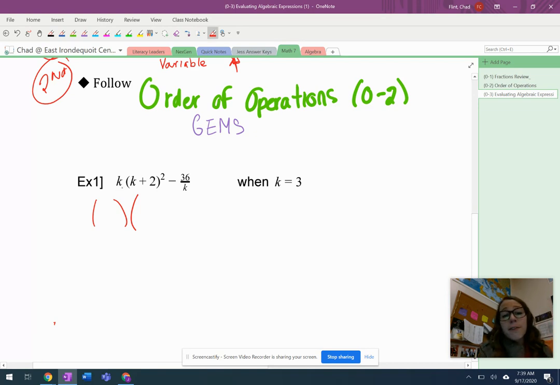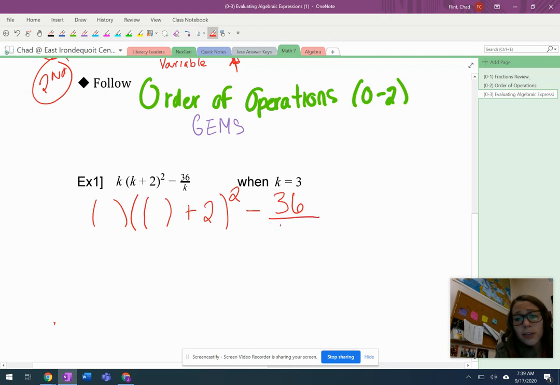So my first k I replaced with parentheses. This parenthesis that I have written right here is the parenthesis that's in that problem. I'm going to put another one in for my k plus 2, close that parenthesis, squared, minus 36, fraction, and parentheses for my k there.